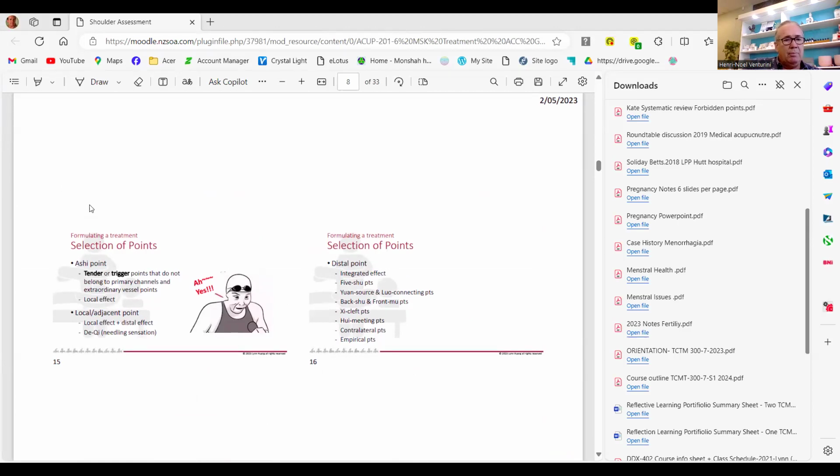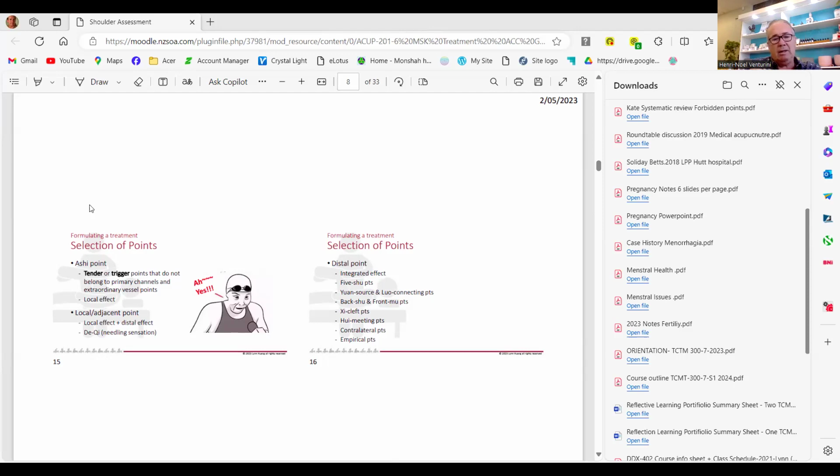Ashi points. So Ashi points are tender trigger points that do not belong to the primary channel and extraordinary vessel points and have a local effect. So when you are diagnosing a shoulder injury, or any injury, because this pertains to all of them, you need to find what channel the injury is on or what channel it reflects.